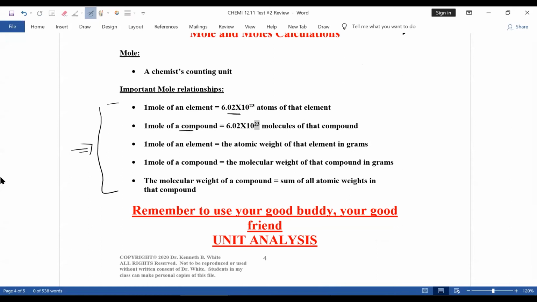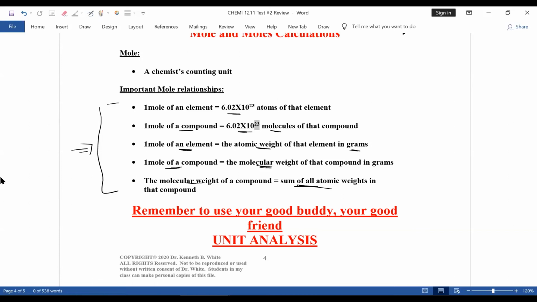A mole of a compound equals Avogadro's number of molecules. 1 mole of an element equals the atomic weight of an element in grams, and a mole of a compound equals the molecular weight. And the molecular weight of a compound is the sum of all atomic weights.